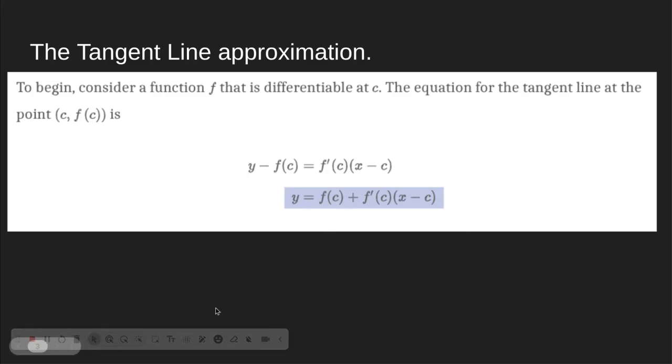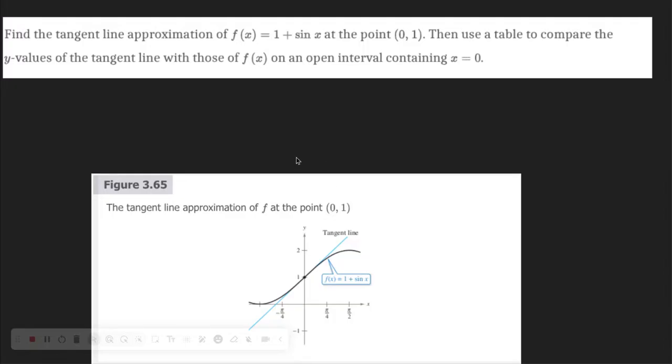So not taking too much time to focus on this, but we will do a quick example. Find the tangent line approximation. The function is f of x equals 1 plus sine of x. What's the derivative of that? Cosine of x, right? Positive.